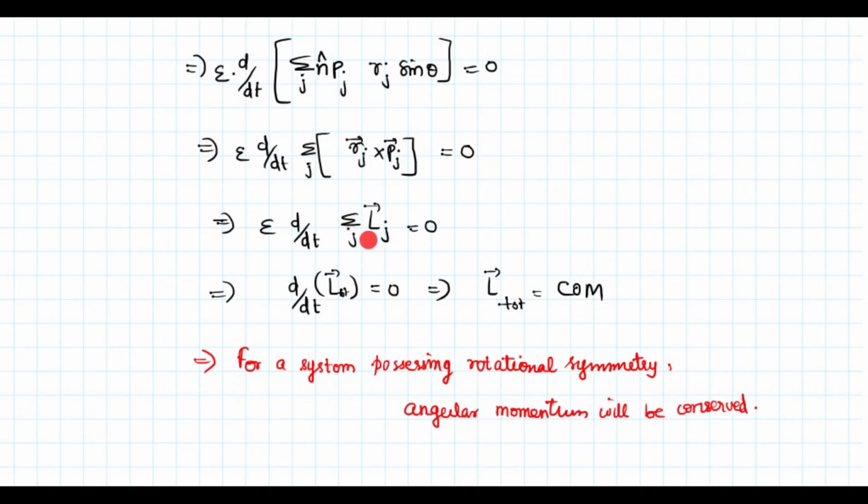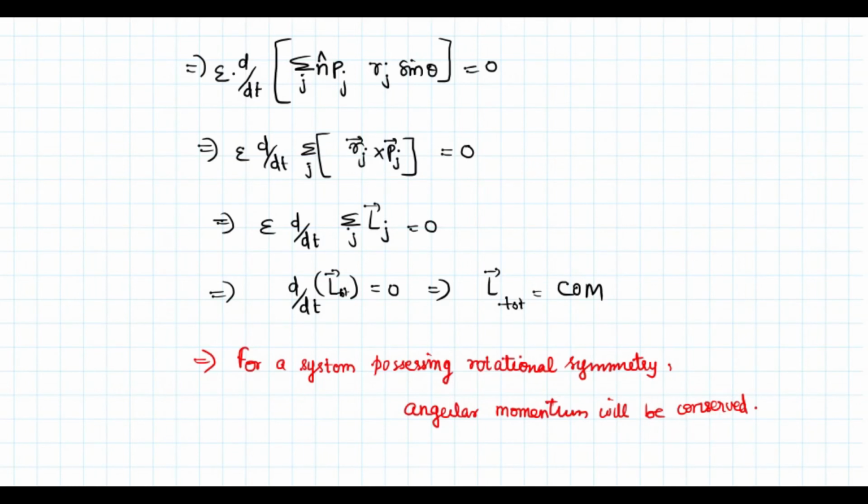Summation over j Lj is nothing but the total angular momentum of the system. So here again epsilon cannot be 0, but d/dt of summation over j Lj should be 0. That means L total should be a constant of motion. That means for a system possessing rotational symmetry, angular momentum is a conserved quantity.